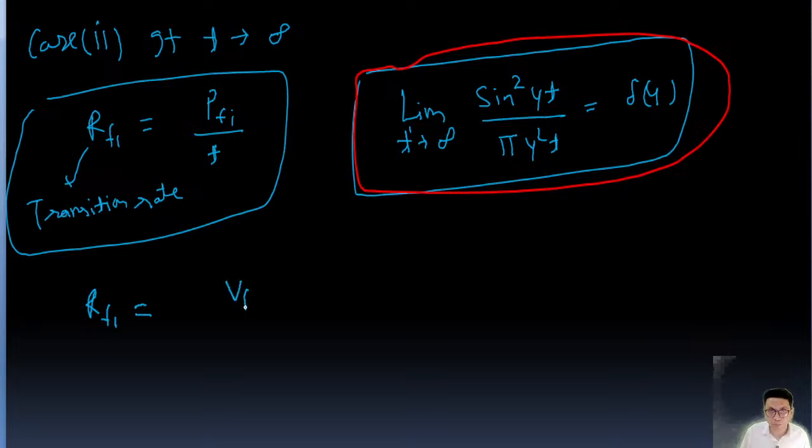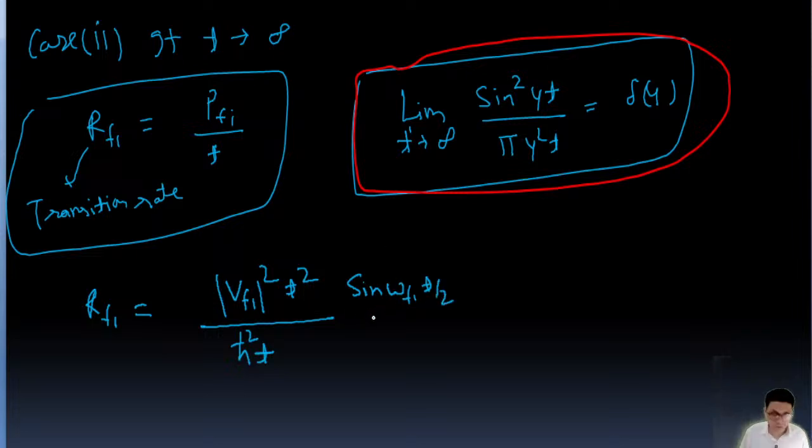Then the R_fi value is going to be mod V_fi square t square upon h cut square t, times sine omega fi t by 2 upon omega fi t by 2 whole square, right?